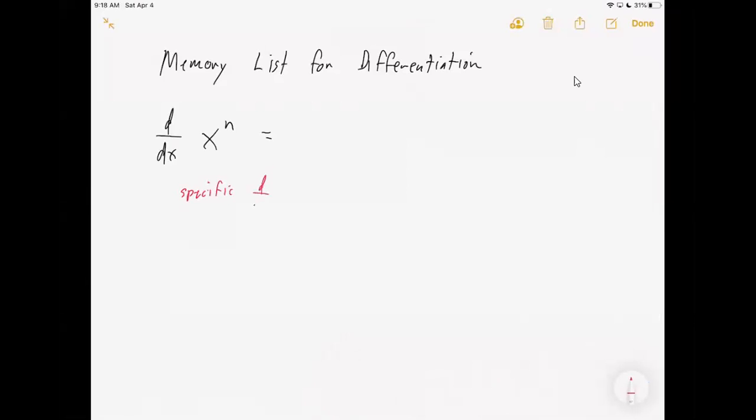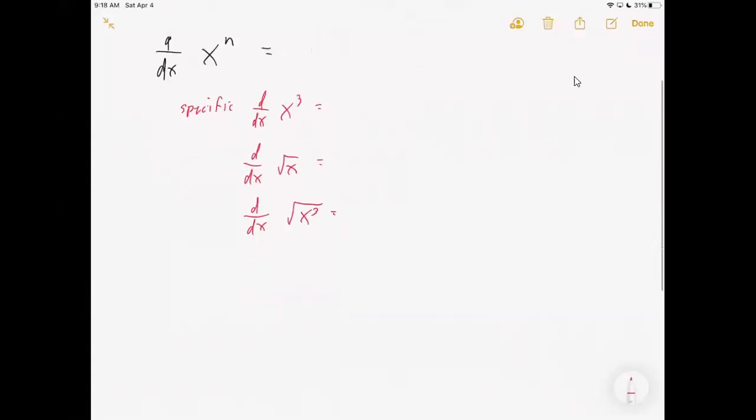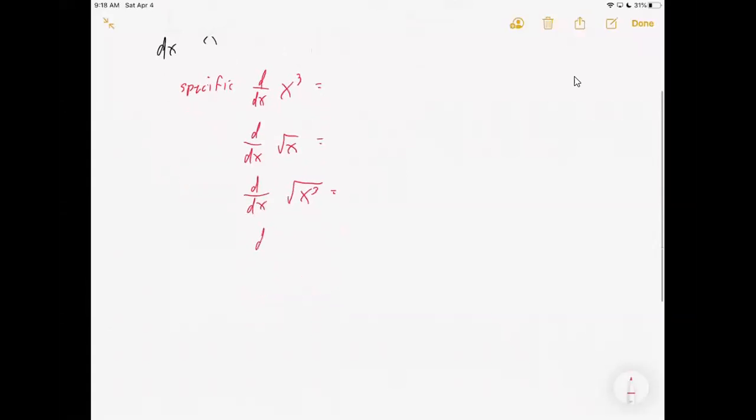The derivative with respect to x of, we'll use x cubed, of square root of x, of square root of x cubed. These are all specific examples of what is above.